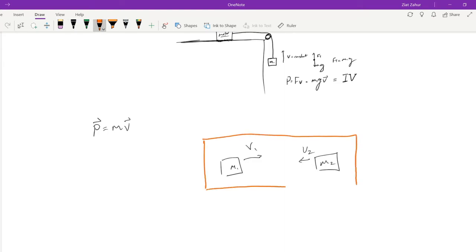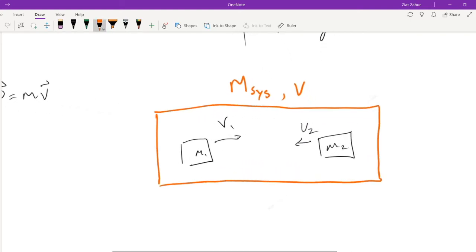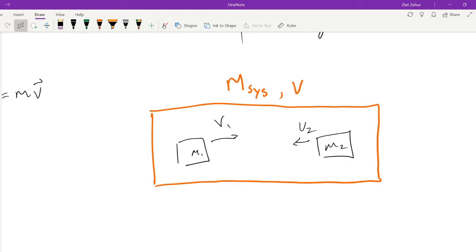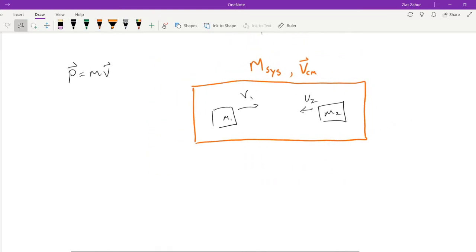Ooh, chat. Do you guys remember how to find the velocity of the system is the velocity of the center of mass. Close.